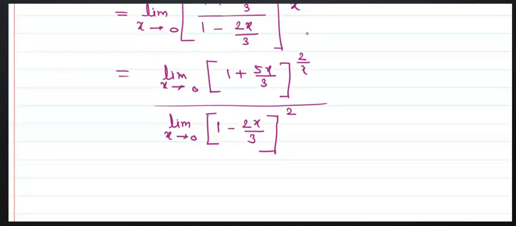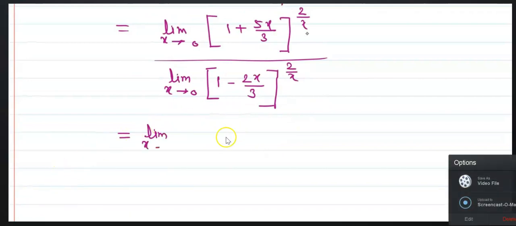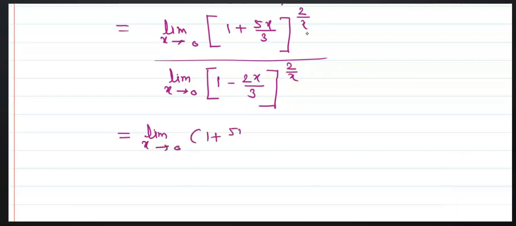Therefore, you will get the limit x tends to 0, (1 plus 5x upon 3) whole bracket raised to 2 upon x, upon the limit x tends to 0, (1 minus 2x upon 3) raised to 2 upon x.